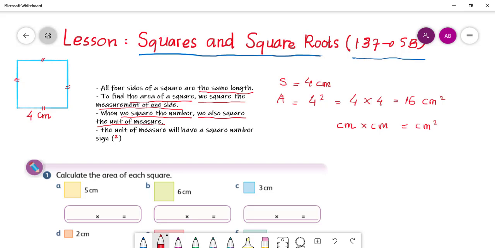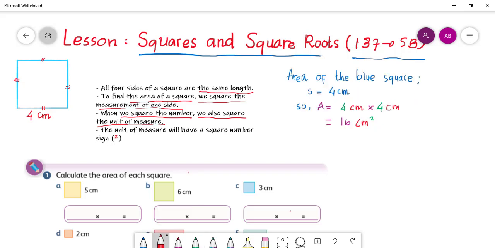So when you find the area, after you finish measuring, you square the measure. You square them together. 4 times 4 is 16, and you also square the centimeters. Centimeters times centimeters is centimeters square. So the answer will be 16 centimeters square.